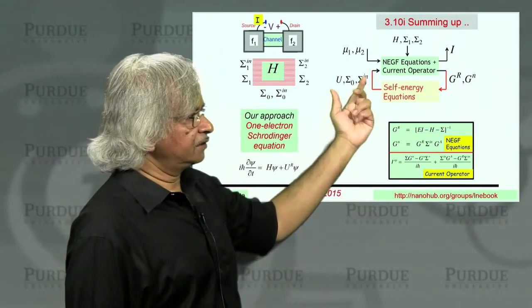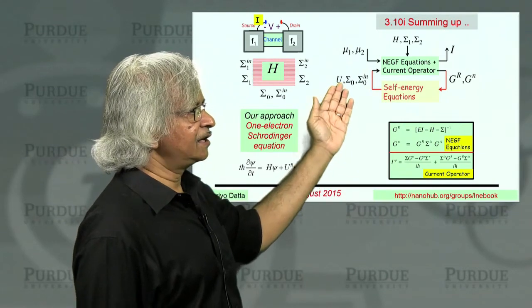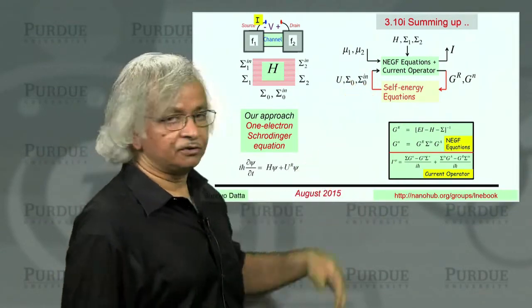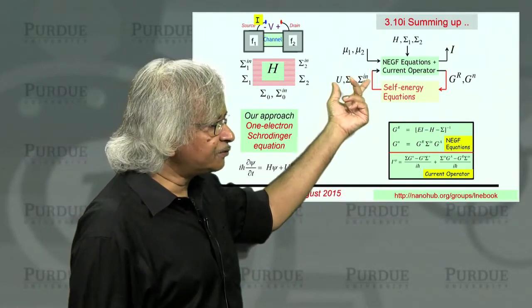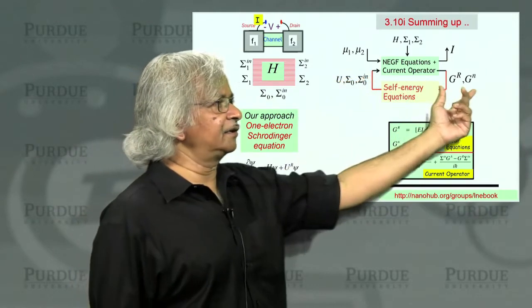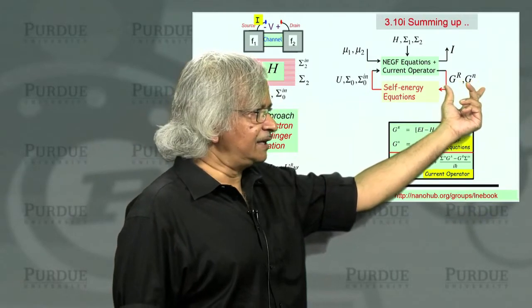In general, though, you need to include interactions. This is this U, the charging energy, then this sigma zeros, which could describe elastic processes or inelastic processes. And these have to be calculated self-consistently in the sense that they depend in turn on the Green's function and the electron density matrix inside this.